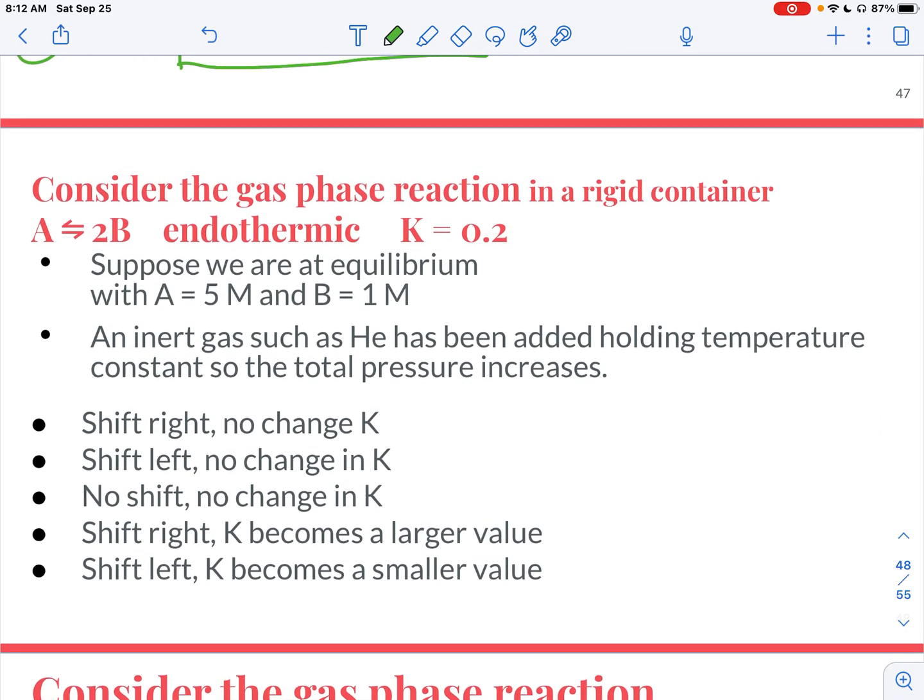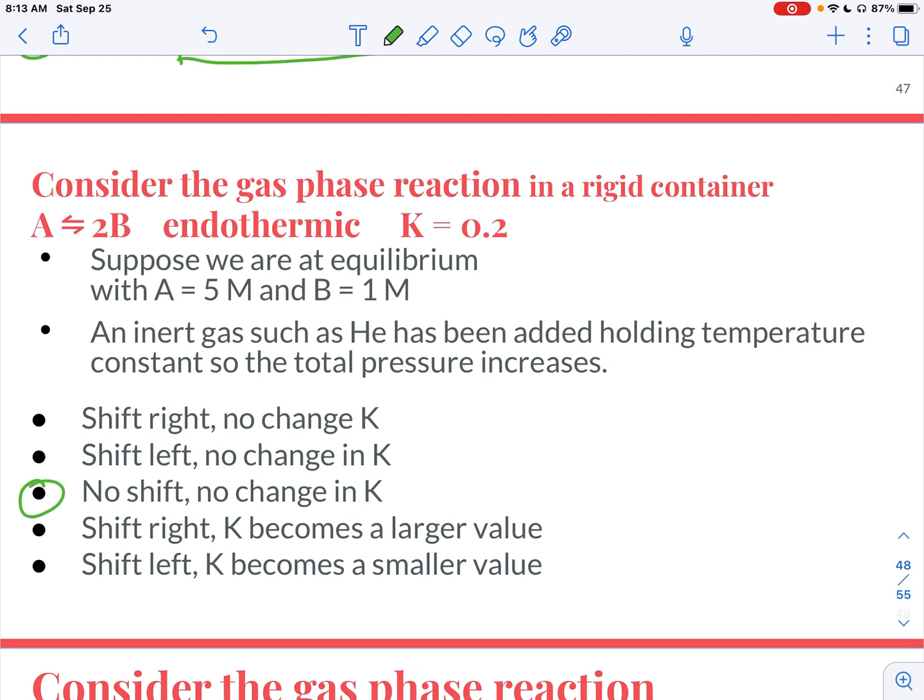So same system. If we added an inert gas such as He, like helium, holding temperature constant, total pressure increases, what would happen? So we already said if you add an inert gas, nothing happens, okay?